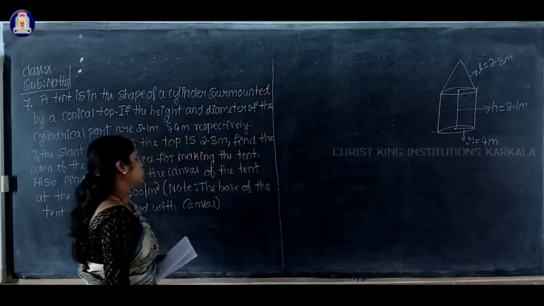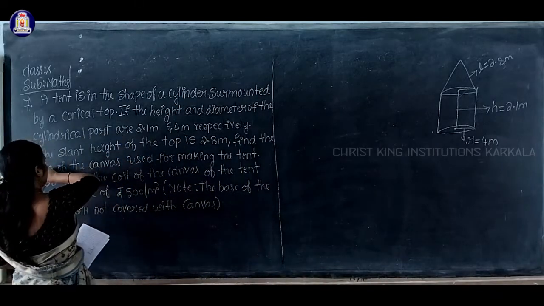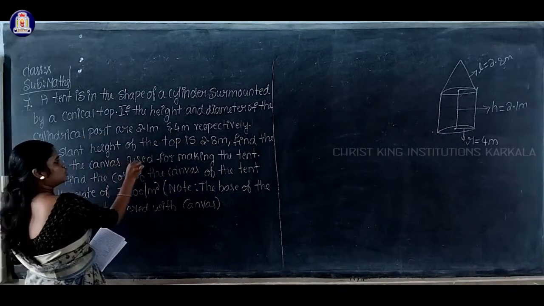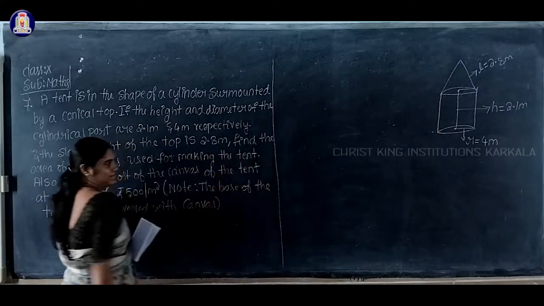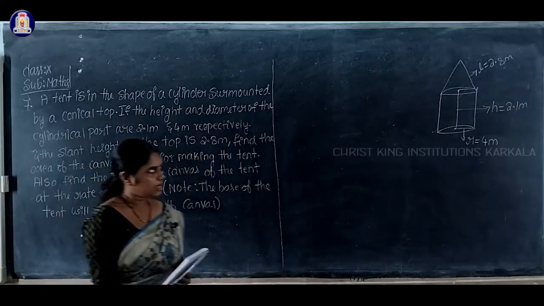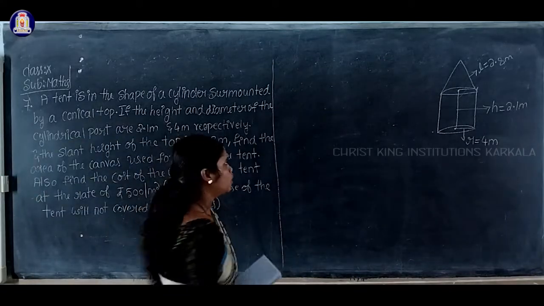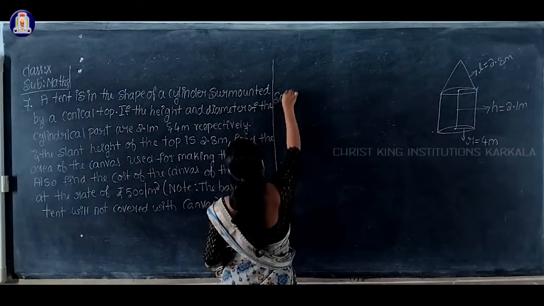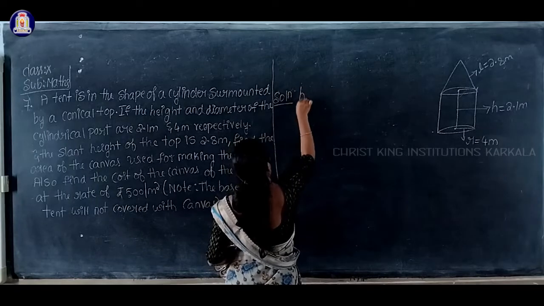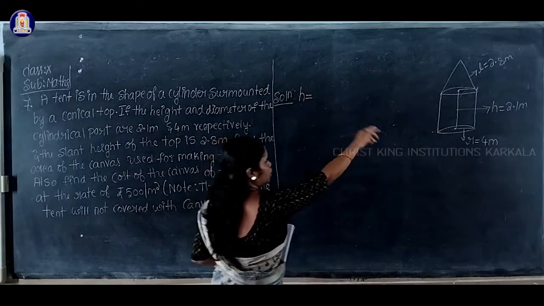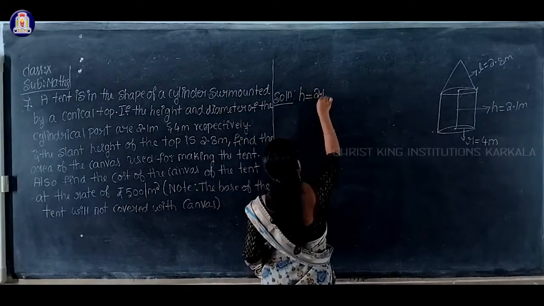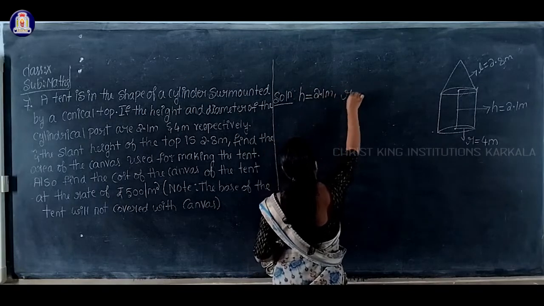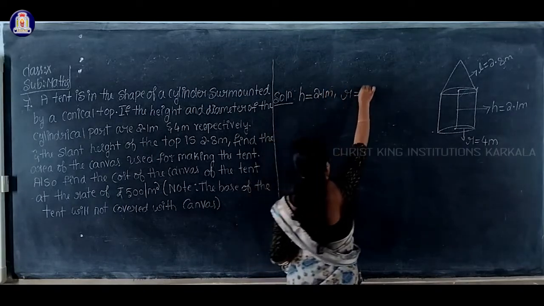So what is your question? You have to find the area of the canvas used for making the tent. First I'll write the given data. Height of the cylinder, h is equal to 2.1 meter.